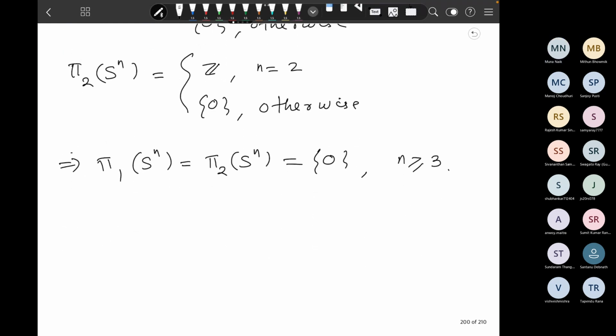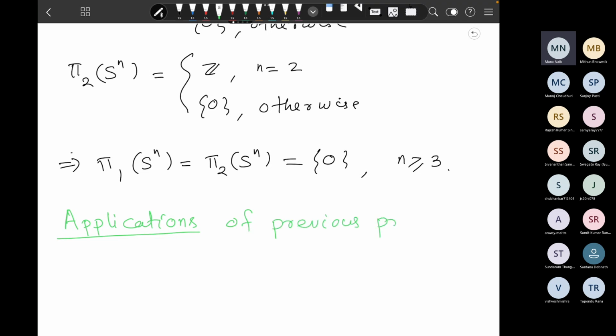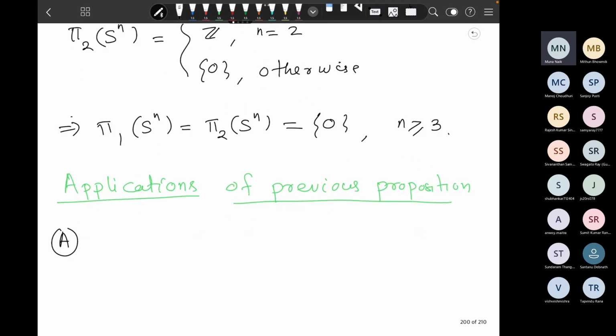The first thing, let us write that: application of the previous proposition. First I will take G equal to SOn and H equal to SOn minus 1.